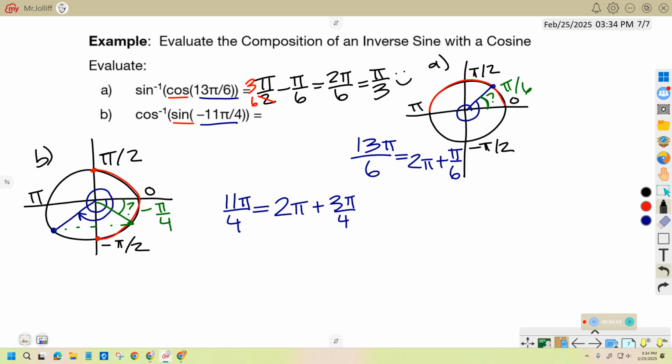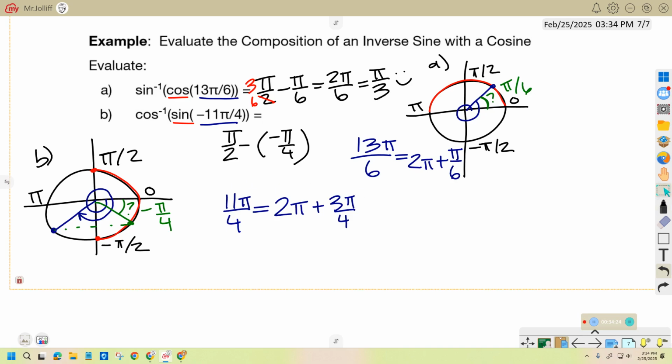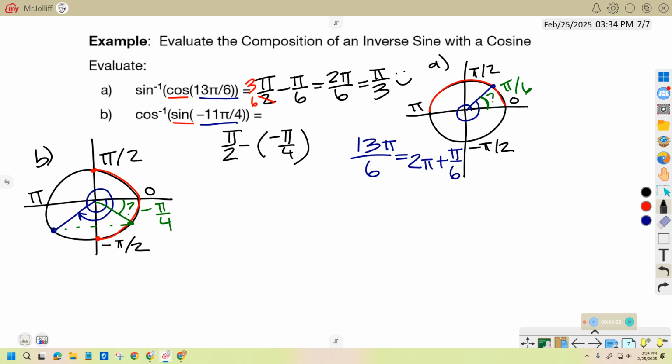So this is pi over 2 minus negative pi over 4. It worked earlier, now it doesn't work because my board hates me. Minus minus becomes plus. That makes me happy. Pi over 2 plus pi over 4.